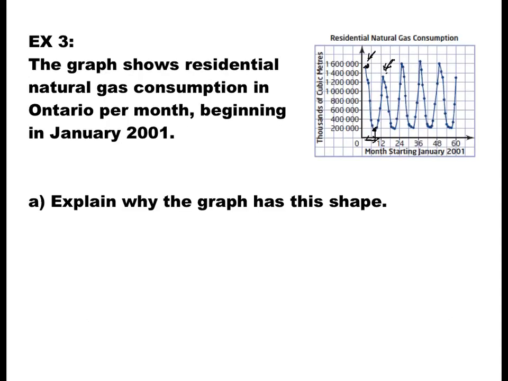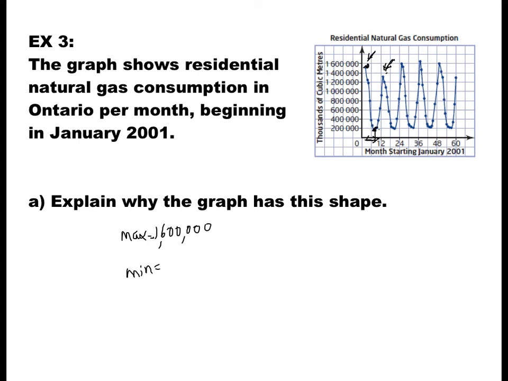Now, if we look at the graph, you can see that the maximum value is approximately 1.6 million cubic meters, and the minimum value is around here, which is about 200,000.